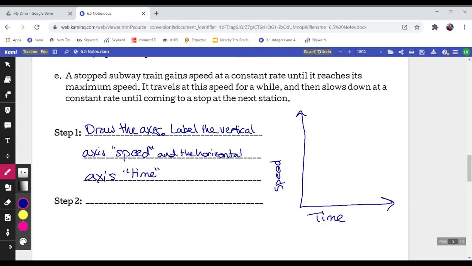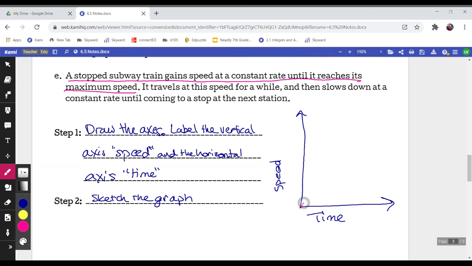Step number 2 is to sketch the graph. I'm going to change different colors throughout. So in order to sketch the graph, I need to go back and read letter E. A stopped subway train gains speed at a constant rate until it reaches its maximum speed.